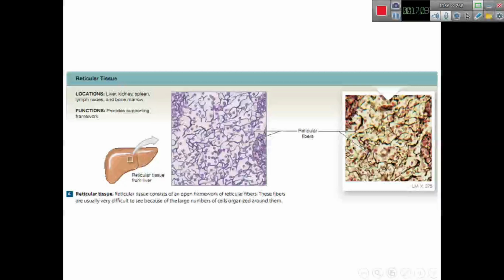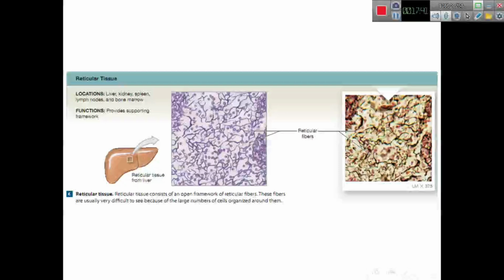Reticular tissue is a kind of tissue between loose and dense connective tissue, but most of the fibers are reticular fibers. This tissue prepares a framework, a network, for some tissues or organs.